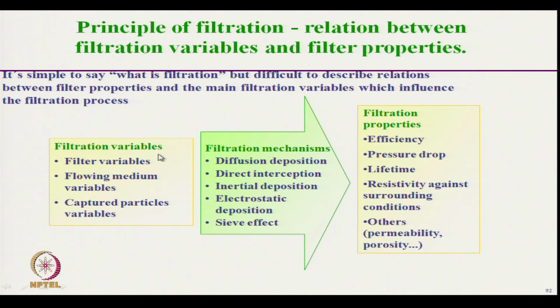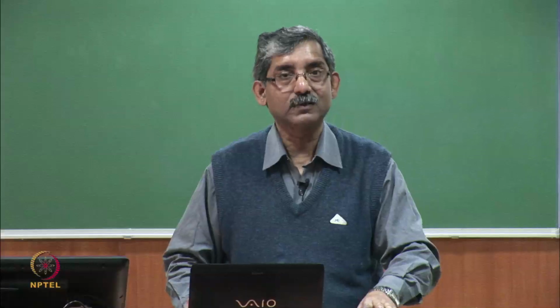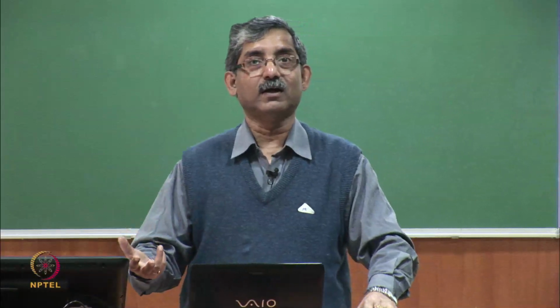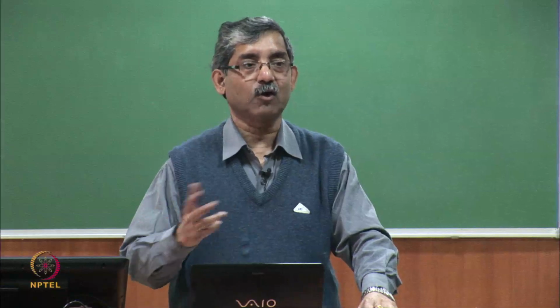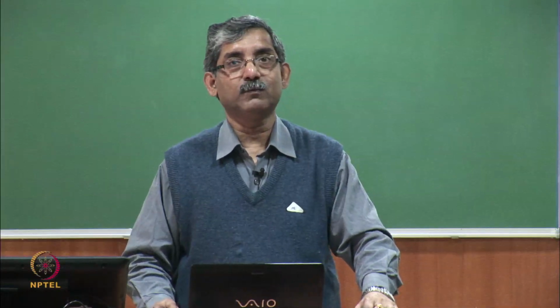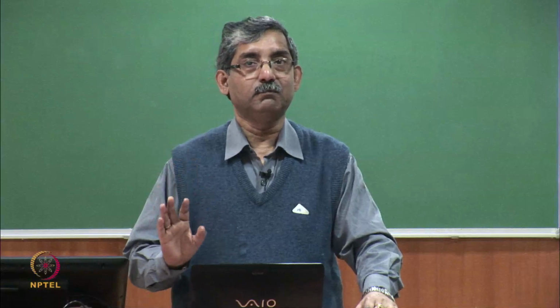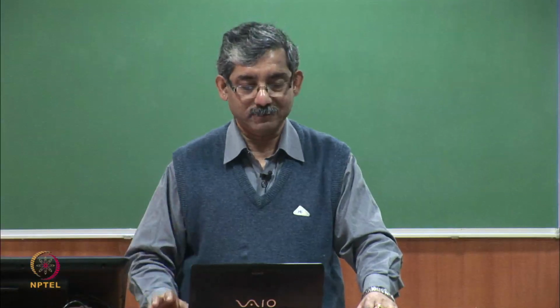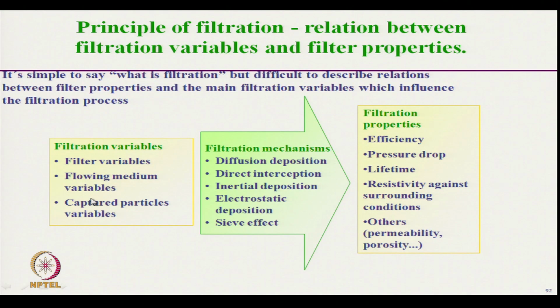So, the filtration variables: first is the filter variable. For any filtration we must know what is the type of filter, what is the mass per unit area, thickness, what type of fibers are being used, whether it is heat set or needle punched, whether it is woven or non-woven. These are the variables we must keep in mind before selecting the filter. Then flow medium variables.